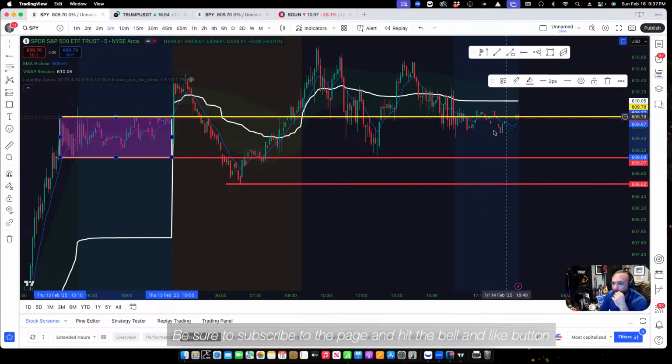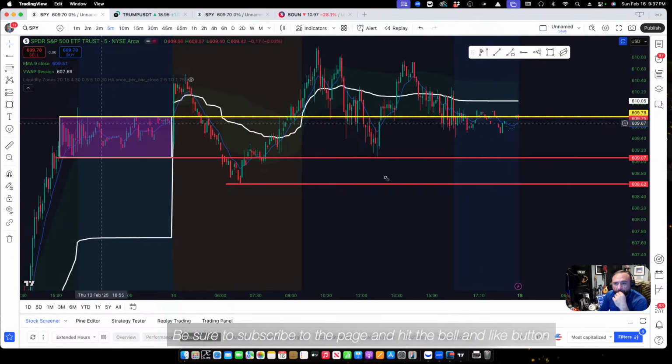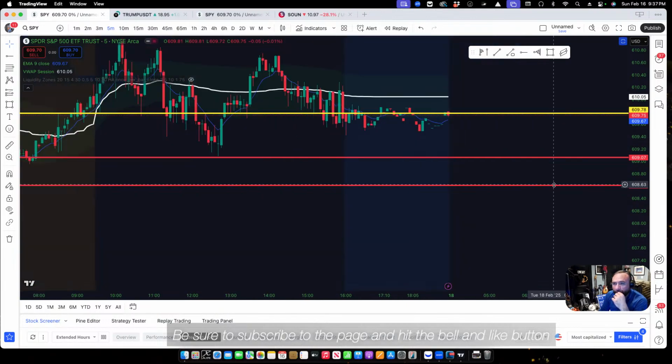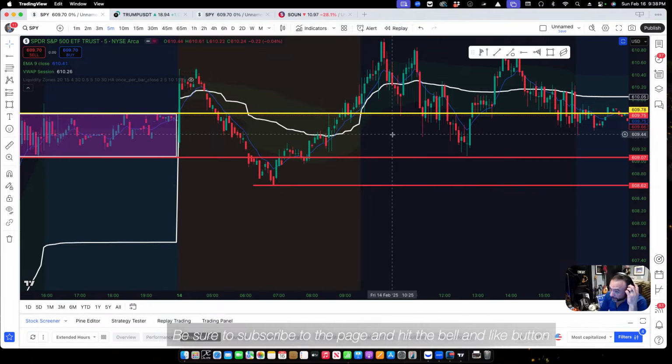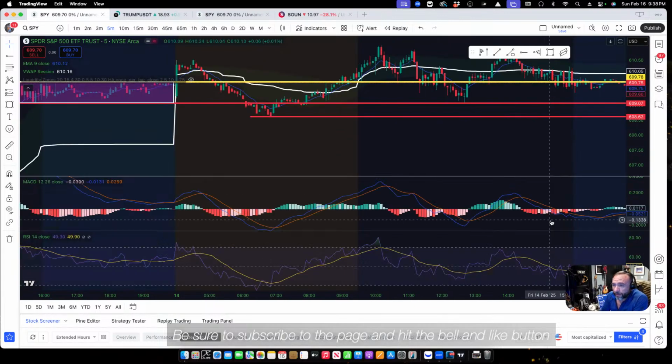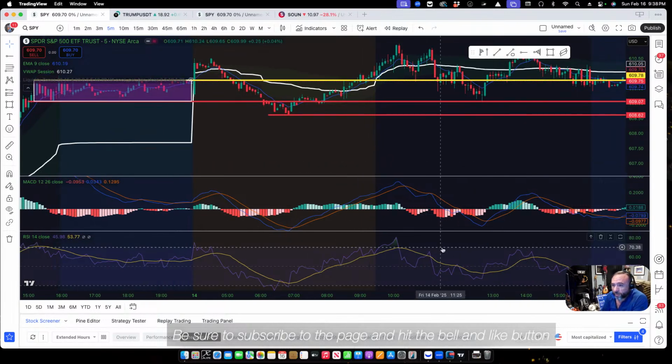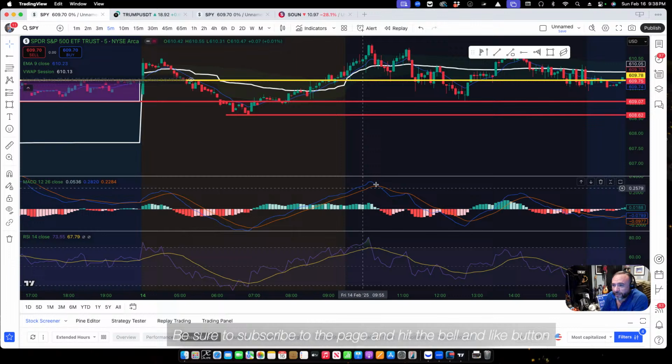I'm so sorry. Okay, mark your highs of the previous day, this yellow line. I was pretty confident getting calls early. We were coming up on the MACD, firing up. RSI was hot.